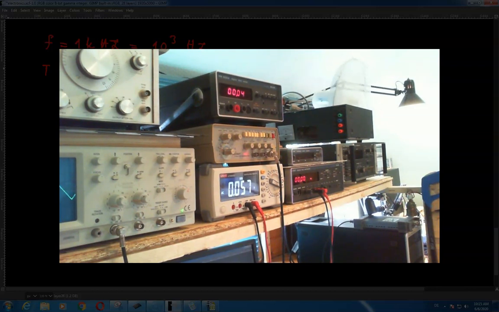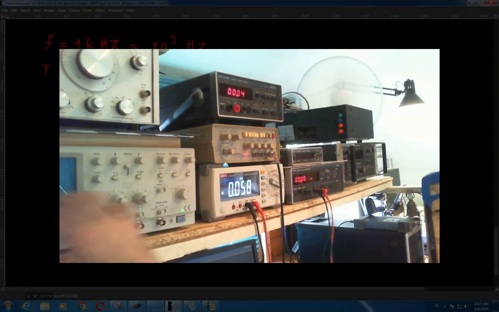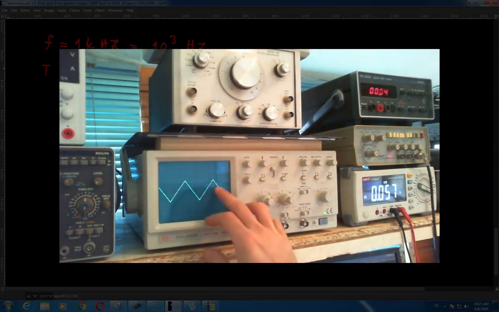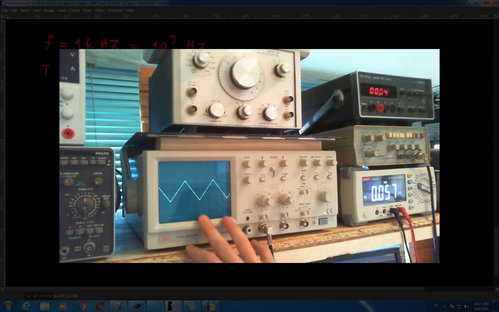So now we know how to do calculations on the time base of an oscilloscope, meaning we know how to calculate the period and the frequency of the wave, and we also know how to calculate the amplitude of the wave.